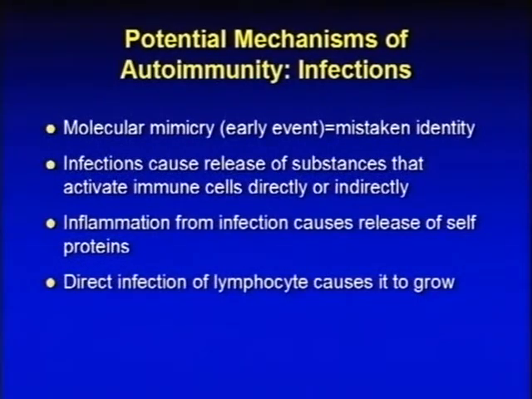And then a final mechanism that has been shown in some diseases is actually direct infection of the lymphocyte, either the T lymphocyte or the B lymphocyte. So we know in one of the diseases that causes a spinal cord disorder mediated by a retrovirus called HTLV1, that virus can infect the T cells, and it causes those T cells to just start dividing rapidly and making their own cytokines.